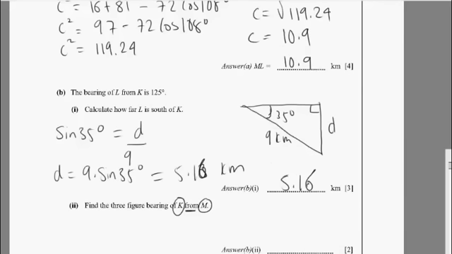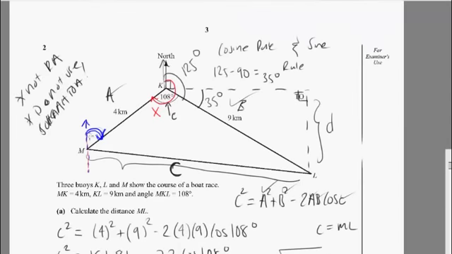Okay, so let's look up here. We're looking for this angle right here. Let's extend this line, and if we make a triangle out of this line, we have a right angle triangle. We know the angle from here to here should be 180 degrees.